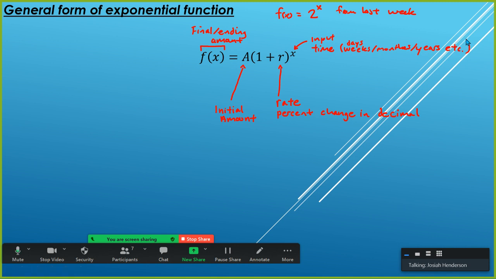So if we know how much the initial amount is, so how much of a certain item we're starting with, if we know what the percent change is, the rate, whether it's going up or down, and what the decimal is, then we can plug those two numbers into this formula and solve for how many there will be after a certain amount of time.